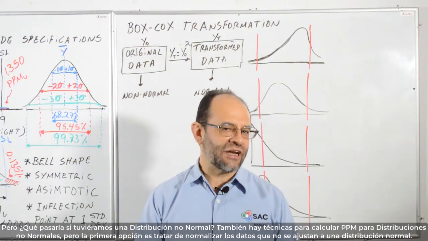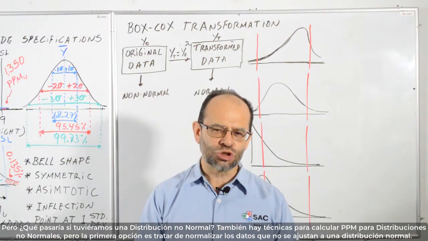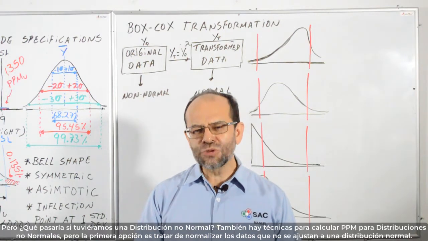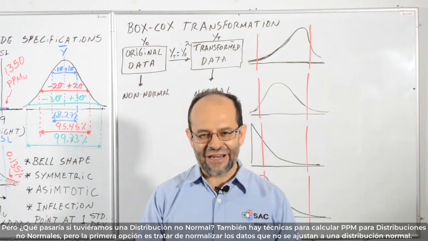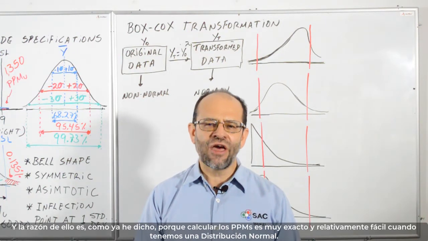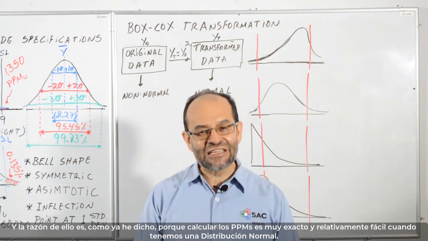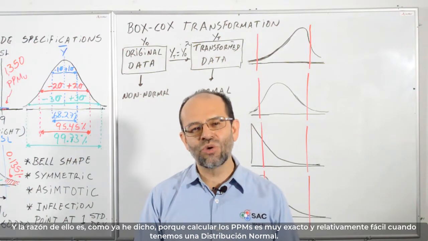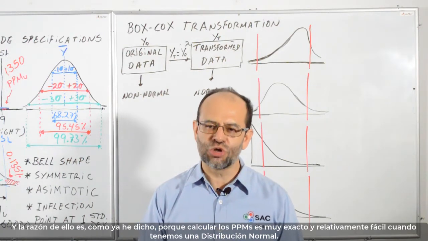There are also techniques and ways to calculate PPMs for non-normal distributions, but the first option is to try to normalize the non-normal data. The reason is that, as I have said, it's relatively easy and very accurate to calculate the PPMs when we are having a normal distribution.